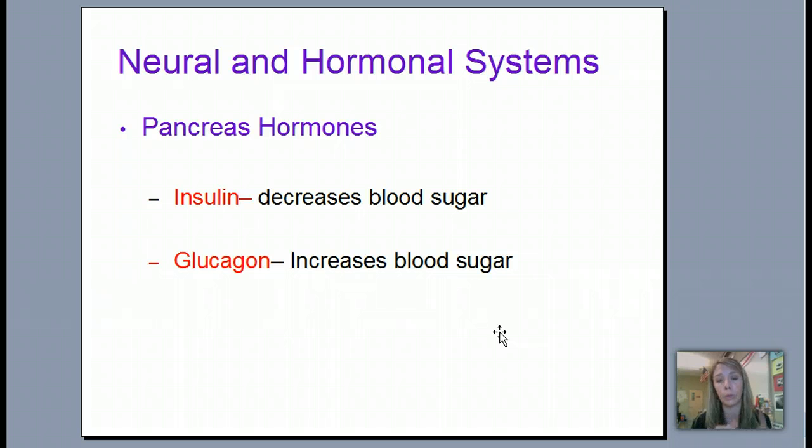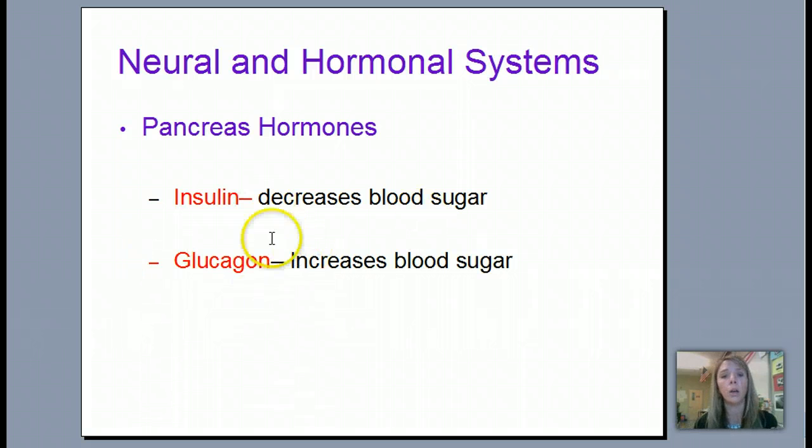So we're talking about glucose. Insulin, I feel like people are pretty familiar with it if someone's diabetic, they either have too much insulin or too little. Insulin is a hormone that decreases blood sugar. What it does is it takes the sugar from the blood and moves it into cells, or stores it. So my insulin decreases blood sugar by taking sugar out.